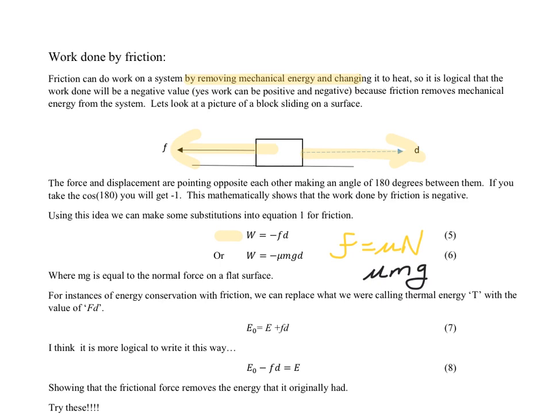Okay, so this substitution from FD to mu mg is just from that fun equation. So if you see the mu, you have to pull that friction equation into your toolbox to find that answer to that problem.